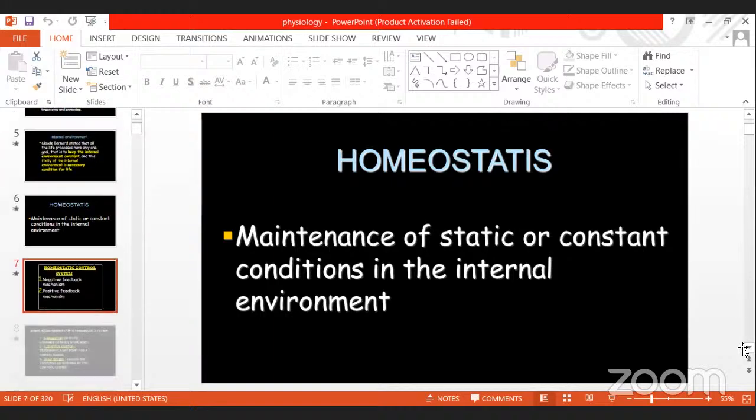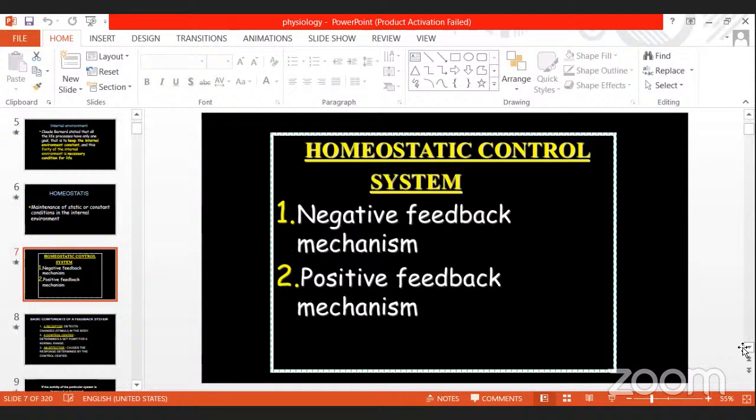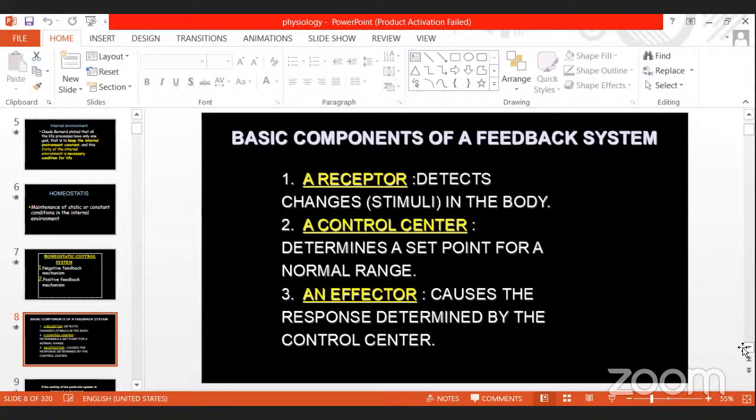There are two types of homeostatic control system: the negative feedback mechanism and the positive feedback mechanism, which act on our body to maintain the internal environment constant.